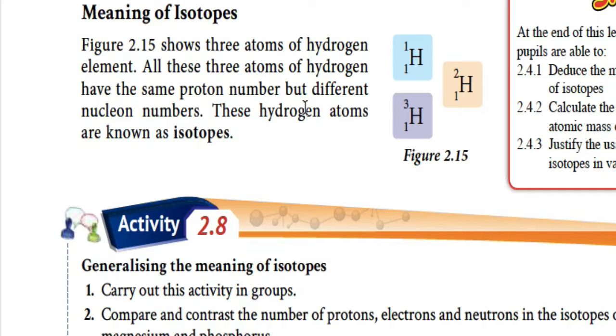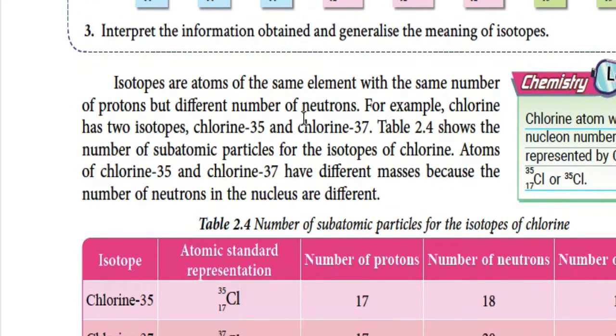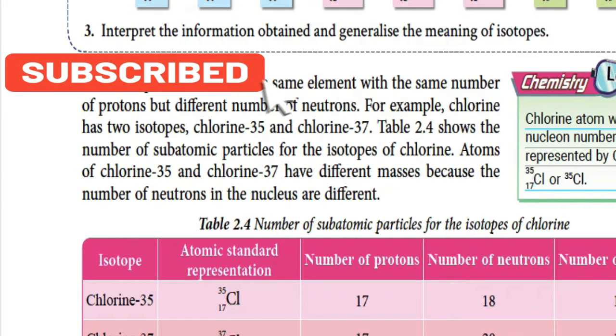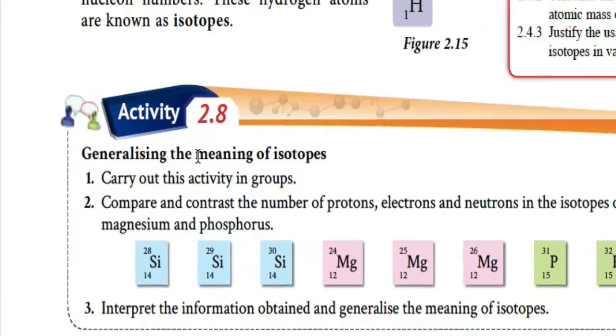That means they are the same atom, but they have a different number of neutrons, while their proton number is the same. No wonder I see the same atom with different nucleon numbers. Oh, now I understand.